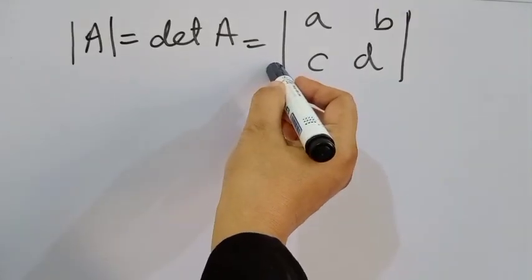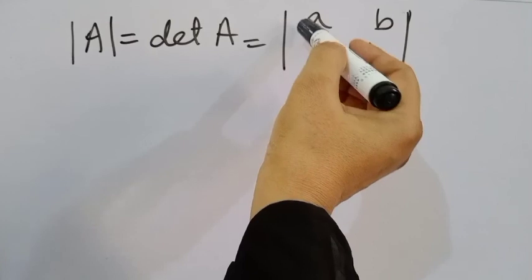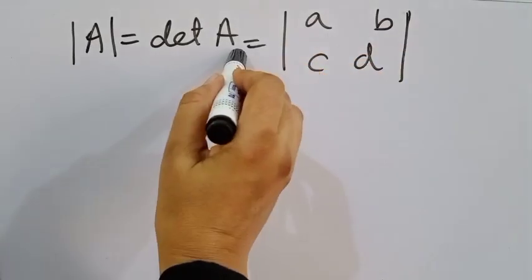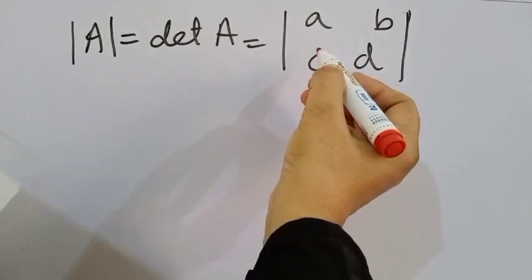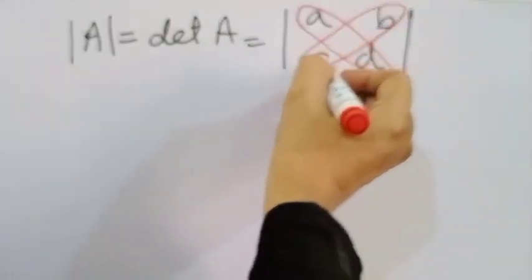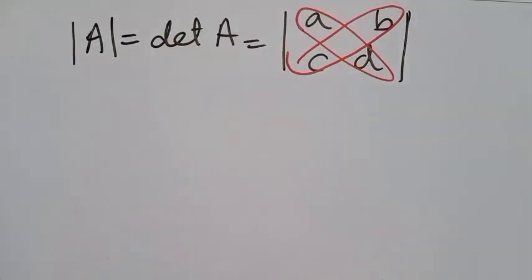Determinant of A is equal to, we write the elements of matrix A in the bars, and next we multiply a by d minus c by b.